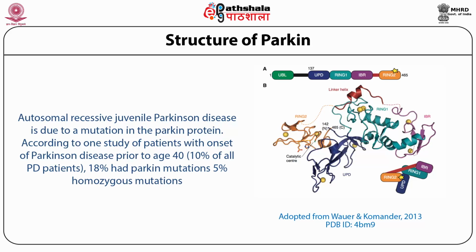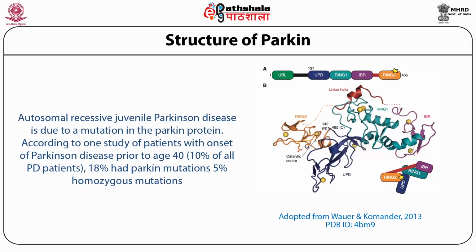According to one study, 10% of the patients with onset of Parkinson's disease prior to the age of 40 have Parkin mutations in 18% of them, and about 5% of them are homozygous mutations.